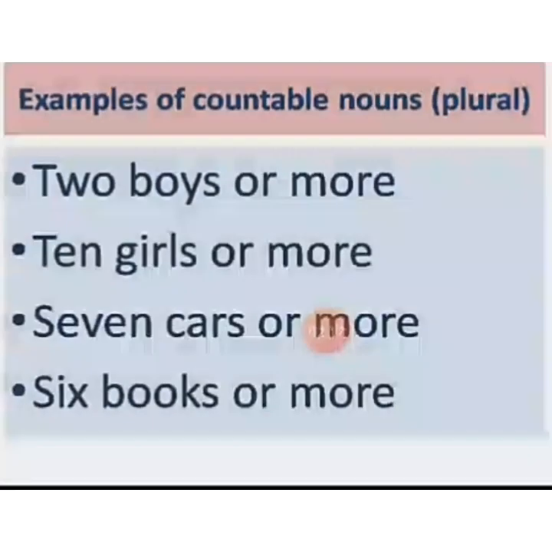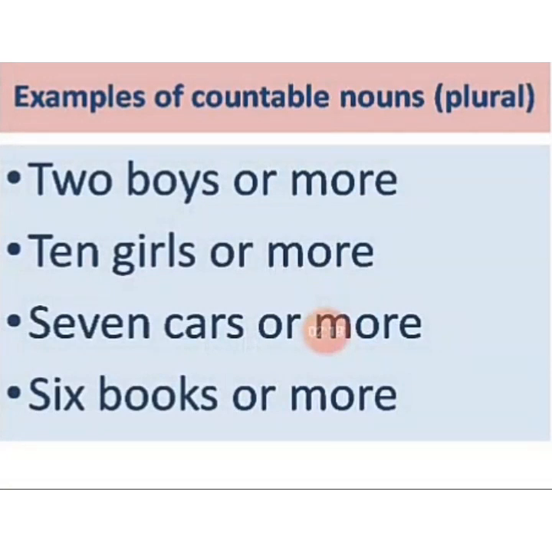For example, we have things like 2 boys or more, 10 girls or more, 7 cars or even more, 6 books or more books.